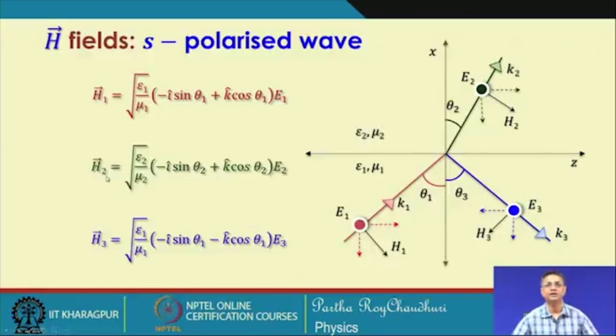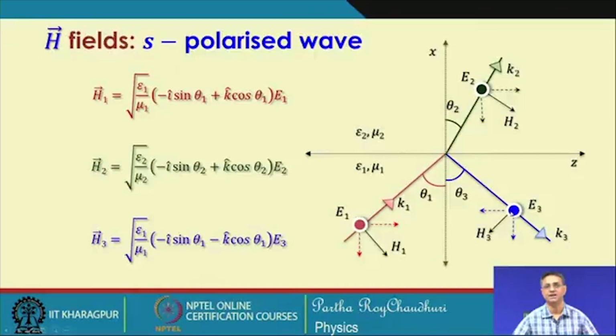And for the transmitted magnetic field, you have k cross E. So, the field will be directed in this direction, and if you resolve these two components along the z and x directions, x will be negative, but z is positive, that is how it has appeared. And similarly, for the reflected wave, k cross E will give you the magnetic field along this direction.